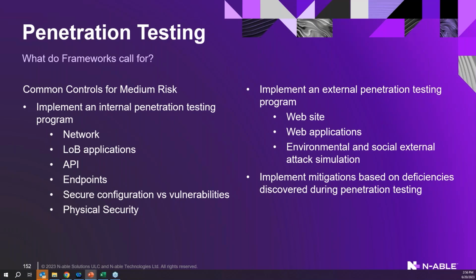And on the external penetration testing, they want to see websites, web applications, also environmental and social engineering, external attack simulations, and that you are implementing mitigations based on those deficiencies that are discovered during the penetration testing.